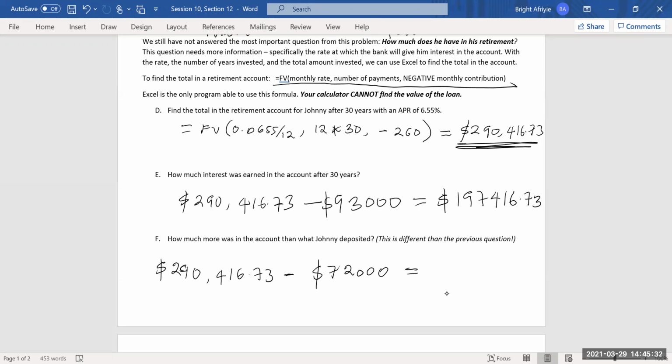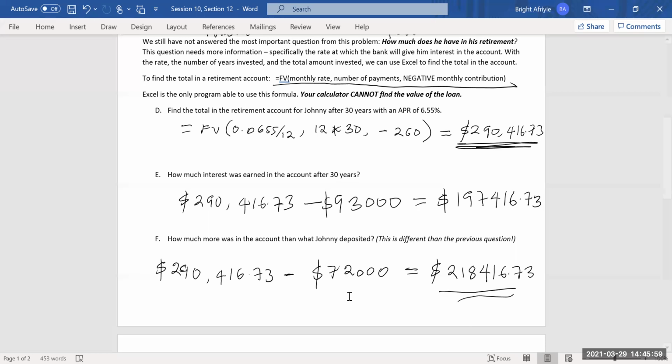Okay, so you do 290,416.73 minus 72,000. And this is how much will be in the account more than he contributed. Okay, so that's the amount.